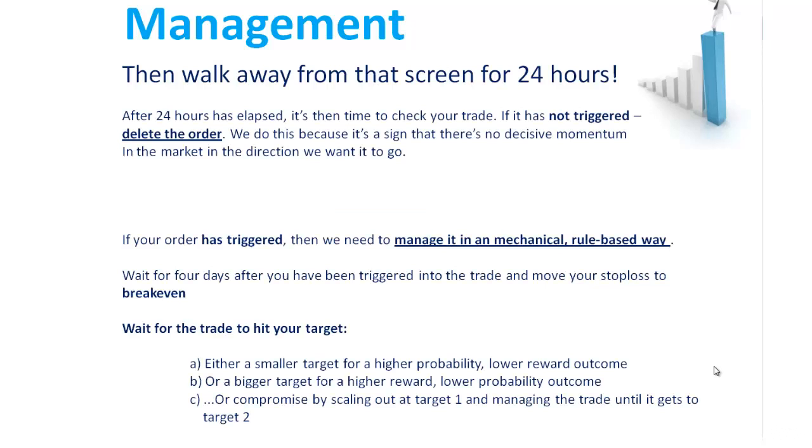Once you do identify a smash bar, bearish or bullish, place your orders up at 10 p.m. GMT or the equivalent of overnight GMT if you can't make that time. You set your orders up with your broker and you walk away for 24 hours. If your trade's triggered within 24 hours, fantastic, you just leave the order for another 24 hours and then manage it accordingly. However, if you're not triggered within 24 hours, you just simply delete the orders.